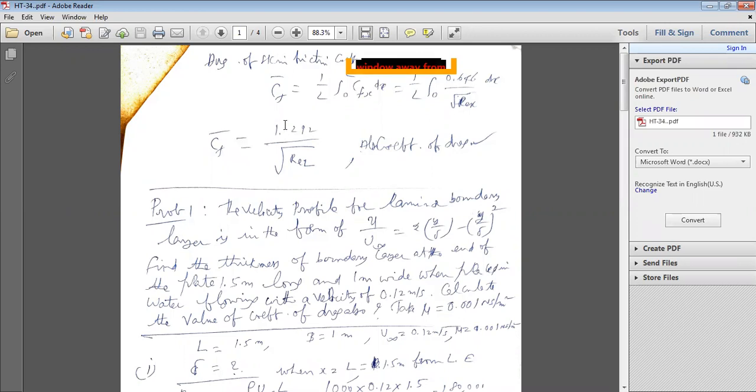CF bar is equal to 1.292 divided by square root of REL. So if the average is taken, REX becomes REL.